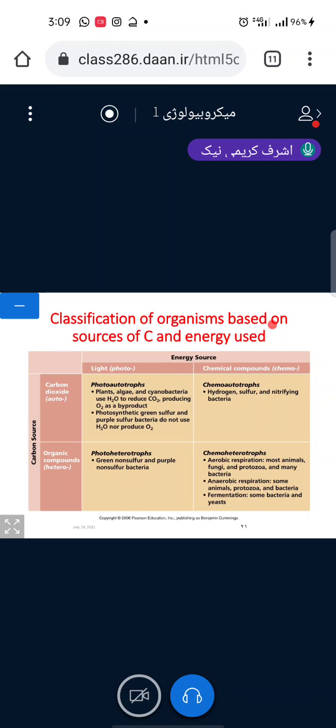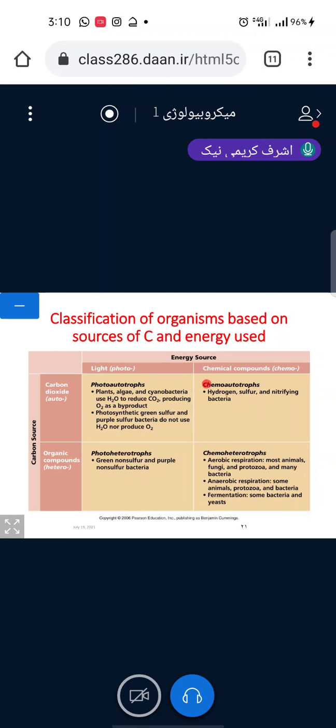Classification of organisms based on sources of carbon and energy used. Because of the source of carbon, you can divide organisms into autotroph and heterotroph. And because of energy source, you can divide them into phototroph or chemotroph.